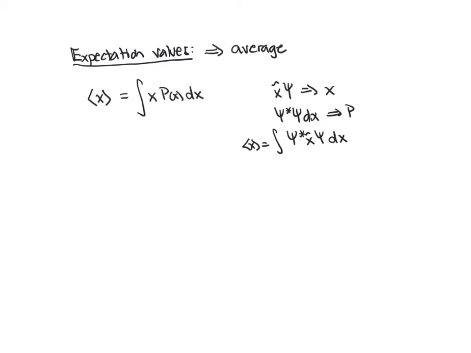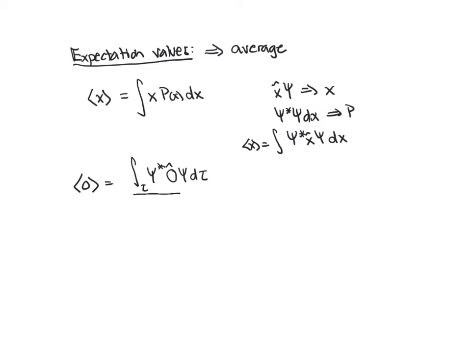So formally, an average value, or an expectation value of an observable, is equal to integrating over all space the wave function complex conjugate, times the operator for that observable operating on the wave function. But I need to make sure that my probabilities are good probabilities, and that they all add up to 1.